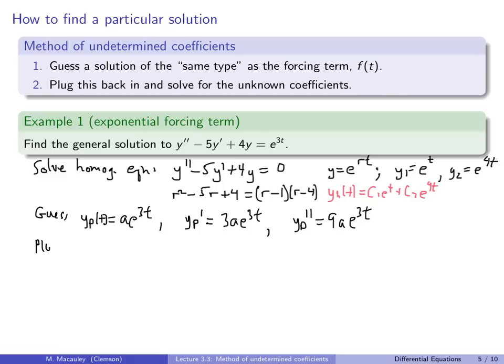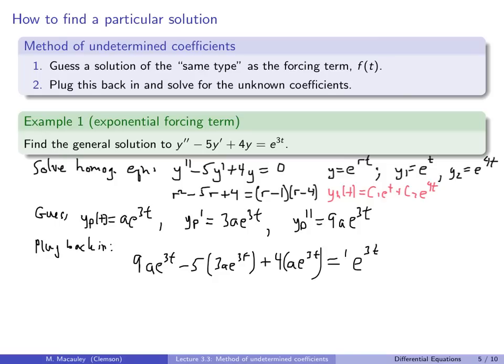So we have 9a e to the 3t minus 5 times 3a e to the 3t plus 4 times a e to the 3t equals e to the 3t.